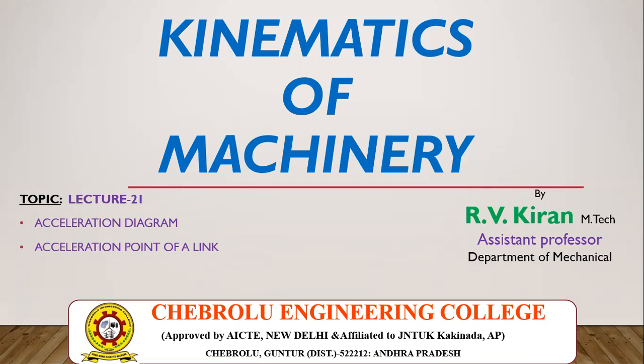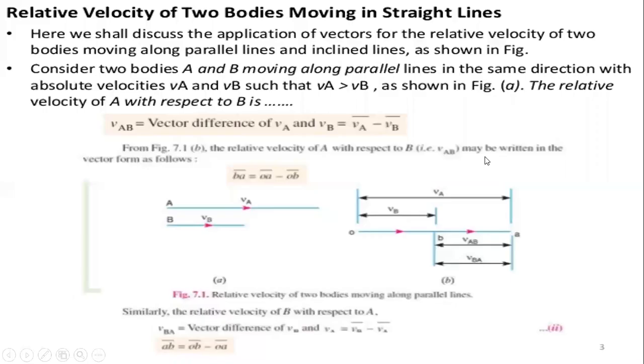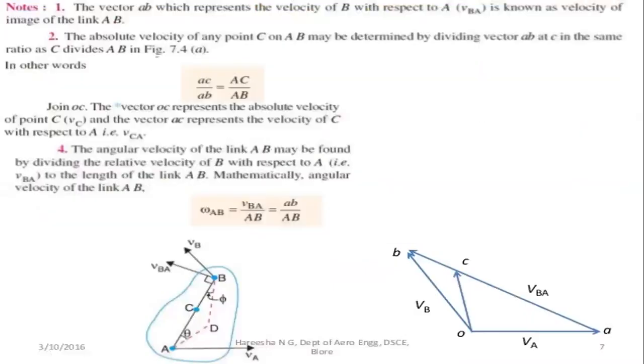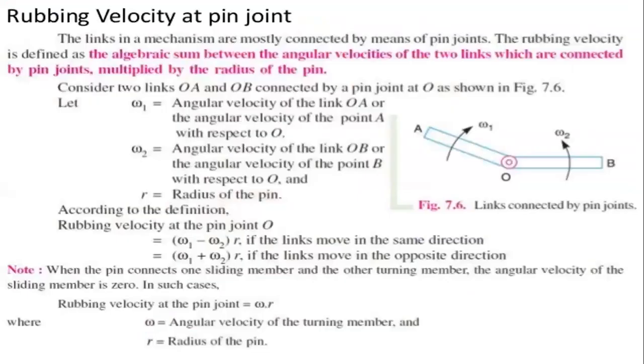Before going to the acceleration diagram and acceleration point of a link, we need to know about a small topic known as rubbing velocity at a pin joint. The links in a mechanism are generally connected by pin joints.